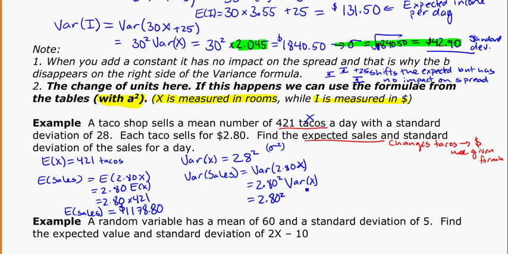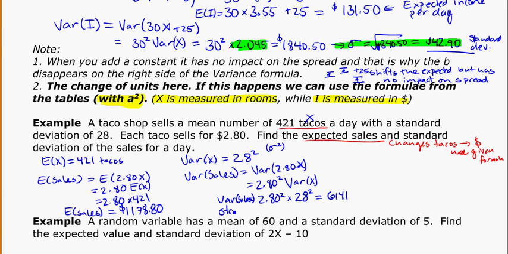So that's $2.80 squared times the variance of x, which is 28 squared. I haven't changed that to a number yet, it's still just 28 squared. So when I do that, $2.80 squared times 28 squared, I get 6,141. But remember, that's your variance of the sales.